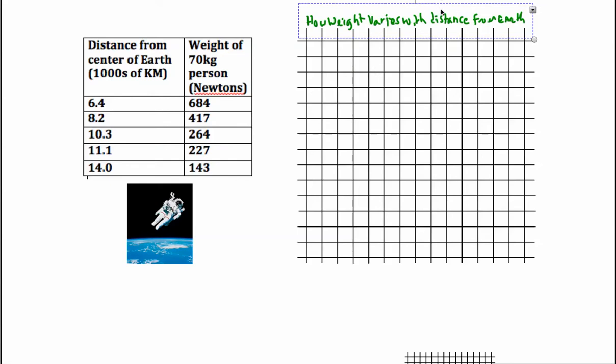Alright, the next thing that we want to do is make sure that we pick a good scale for graphing. In other words, we need to number our axes. We want to make sure we do that properly. Let me show you something that is commonly done that we don't want to do in ninth grade science.